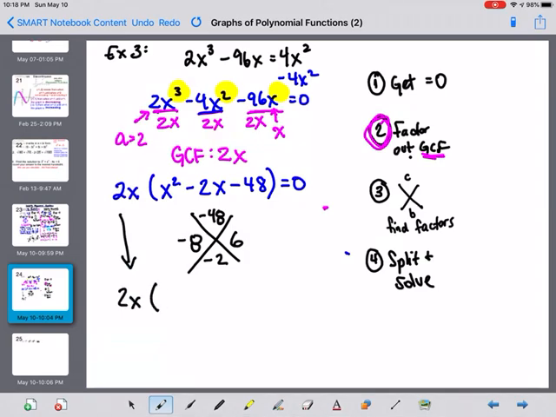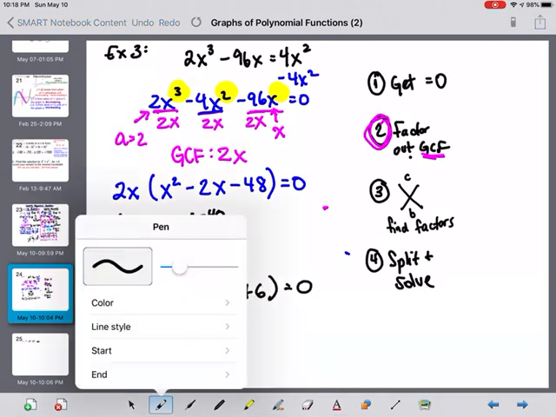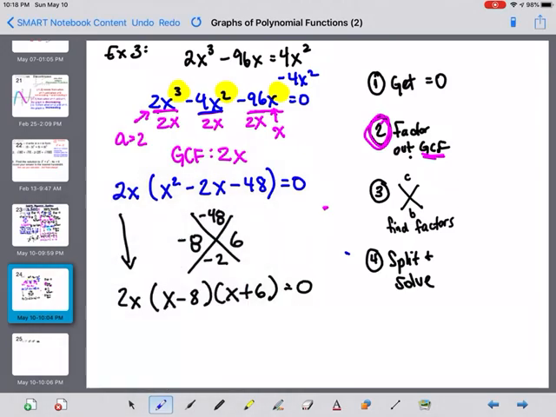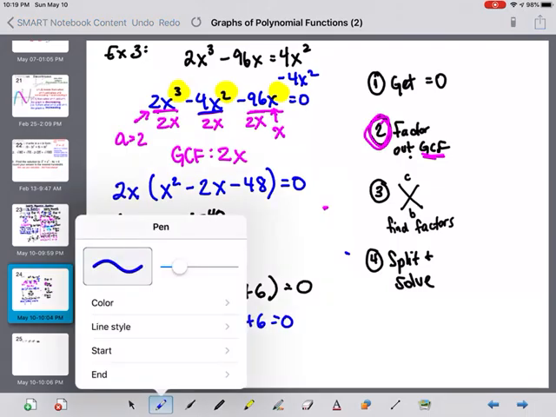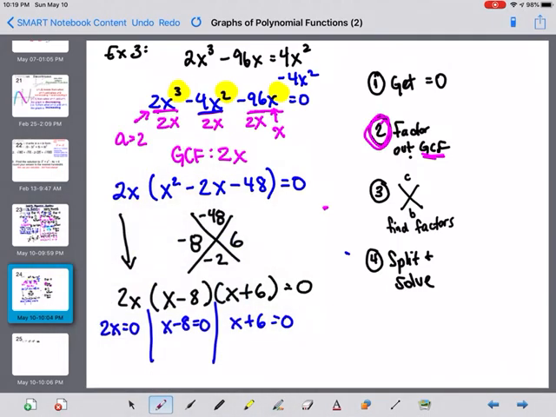Now I bring down. GCF goes in front. Then I write this in factored form. X minus 8, x plus 6 equals 0. Make sure when you do the work, you're showing all of these steps. You split and solve. 2x equals 0. X minus 8 equals 0. X plus 6 equals 0.